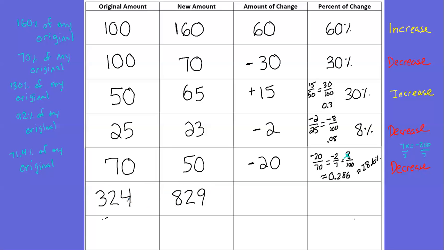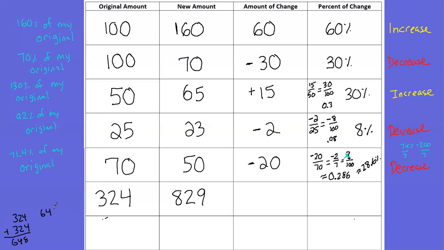100% increase would mean that I've doubled my amount that I have. So if I went from 324 to 648, that would be 100% increase. So here, let's add this up off to the side. 324 plus 324, that was 648. That would be 100% increase.